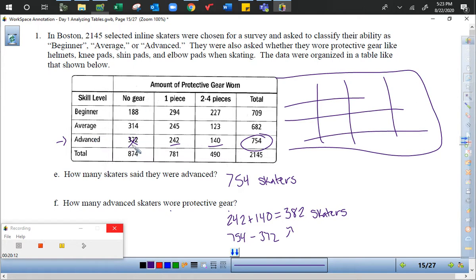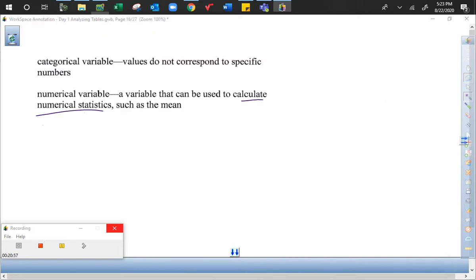Advanced, a lot more are wearing no gear. That should make sense because a lot of times as you increase your skill ability, you feel more safe to wear no gear or less gear. So those are some of the patterns you can look out for, and that will always be specific to whatever your variables are in your table.